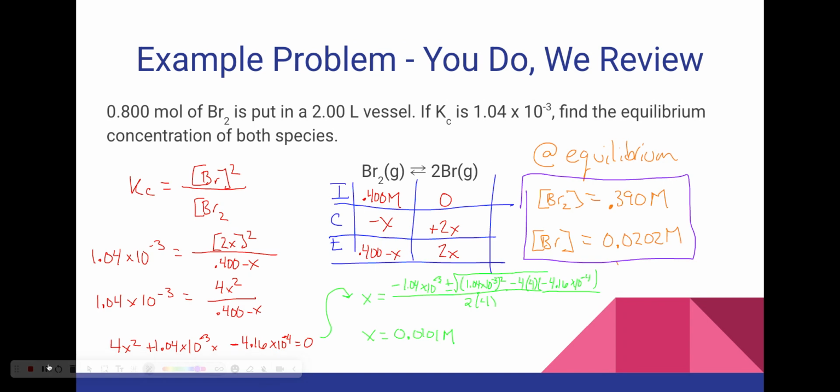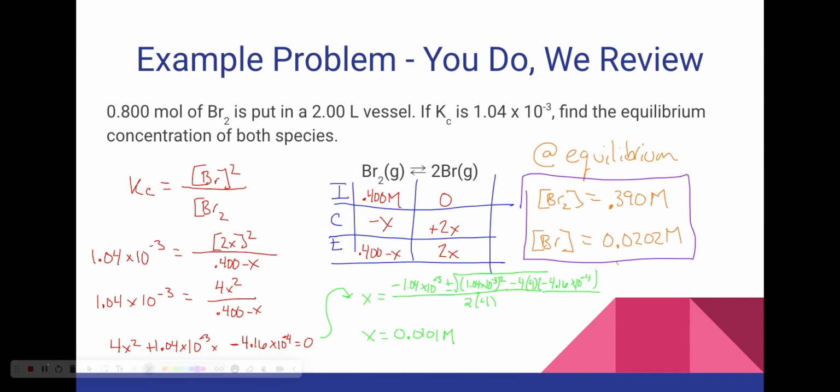All right, everyone, and I hope you were able to get the concentration of Br2 should be 0.390 molar, and the concentration of Br should be 0.0202 molar at equilibrium. As you guys can see, my work is shown here. You do need the icebox.